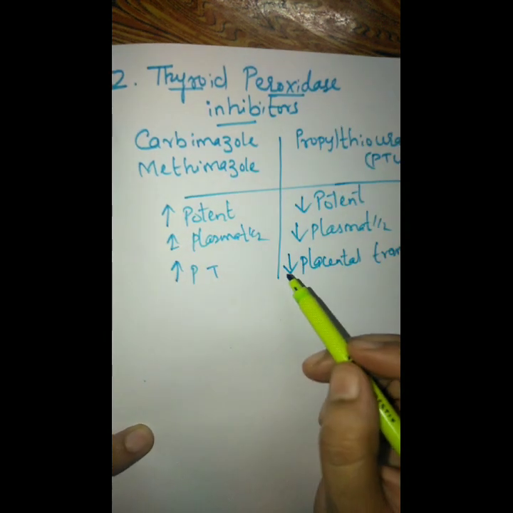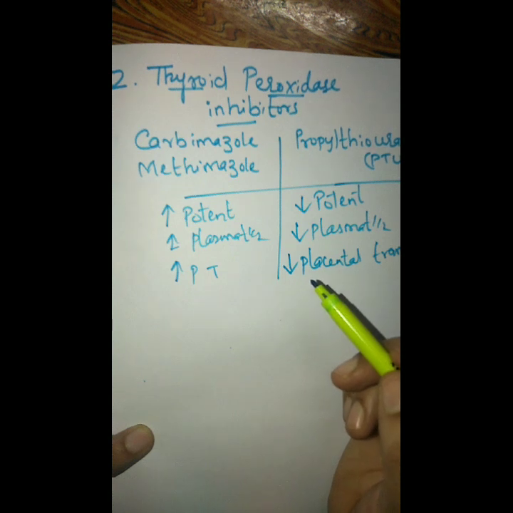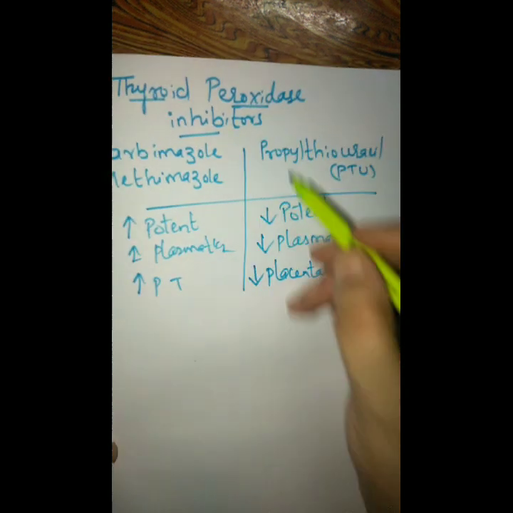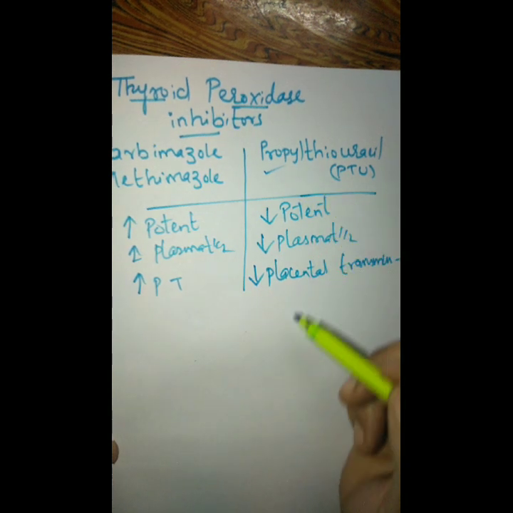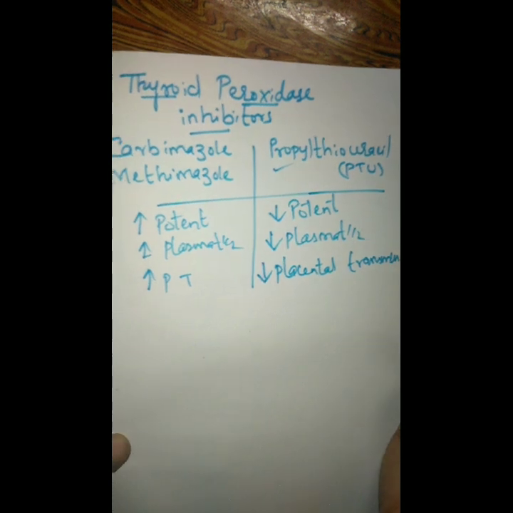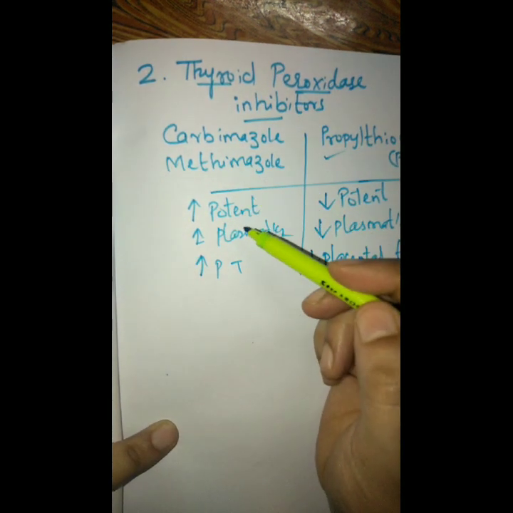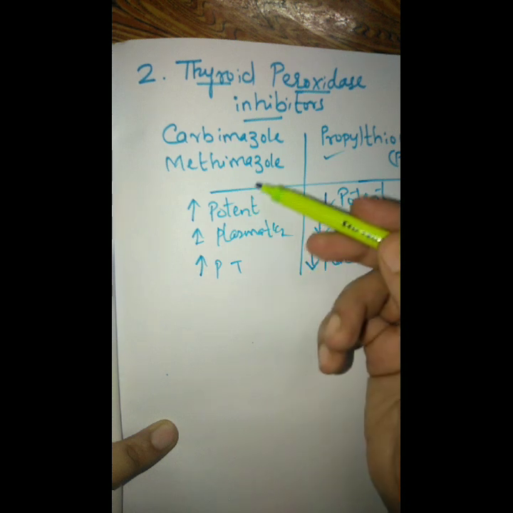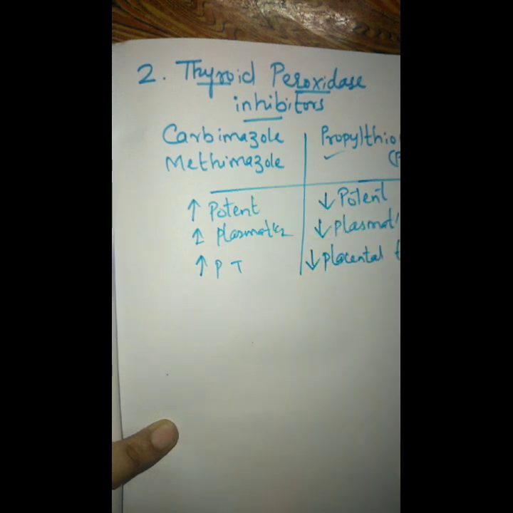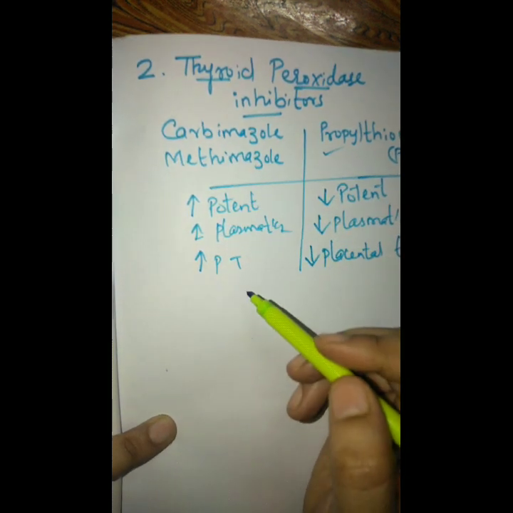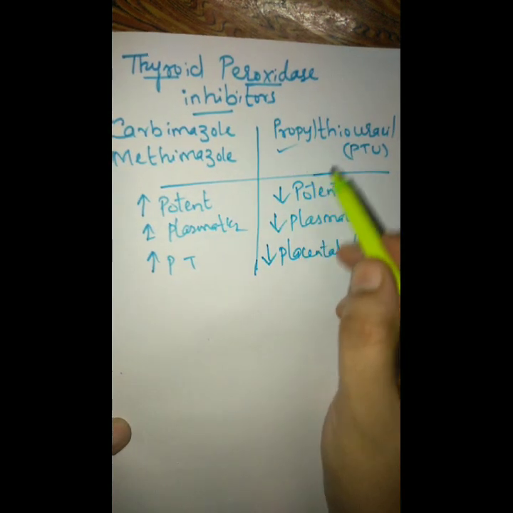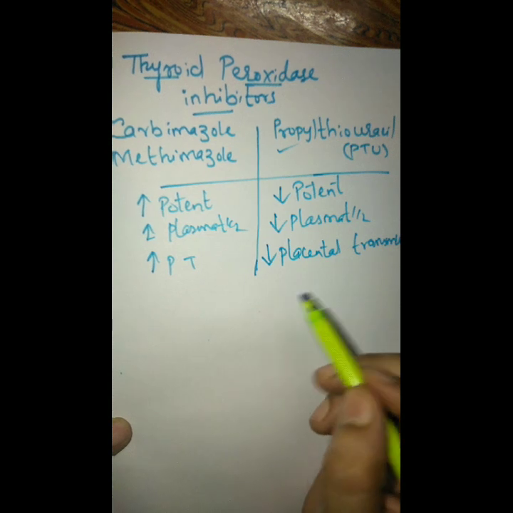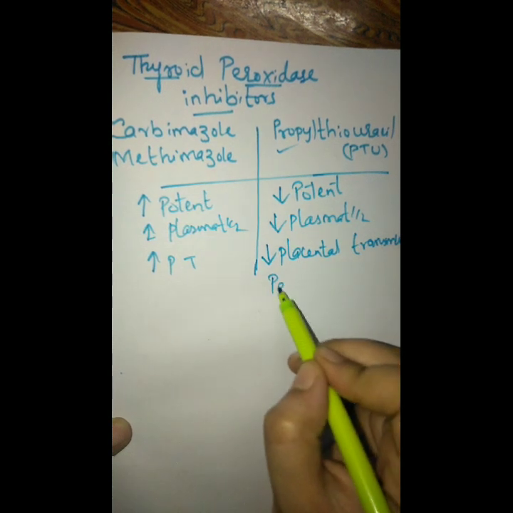So for any pregnant lady suffering from hyperthyroidism, we can prefer propylthiouracil because it is a safer drug, since it does not cross the placenta and will not affect the fetus, whereas with carbimazole and methimazole, we should think before prescribing these two drugs for a pregnant lady, since they can easily cross the placental barrier. And one more action of propylthiouracil is that it also inhibits peripheral conversion.